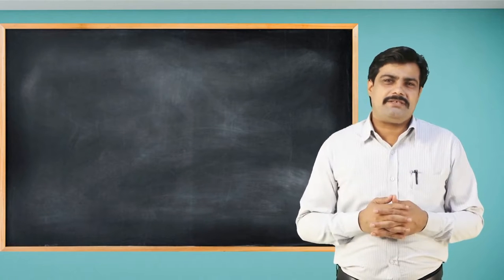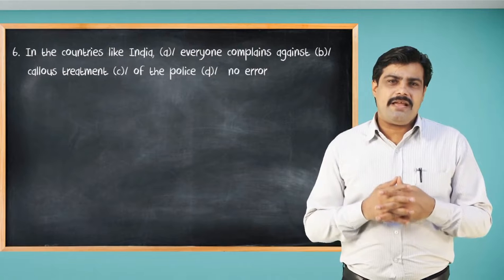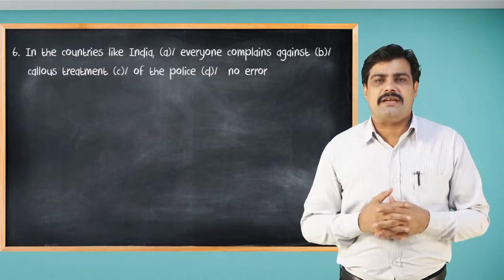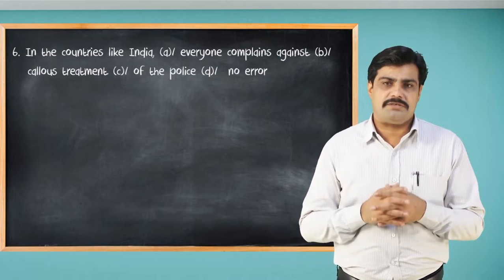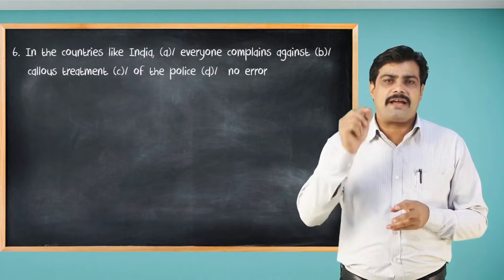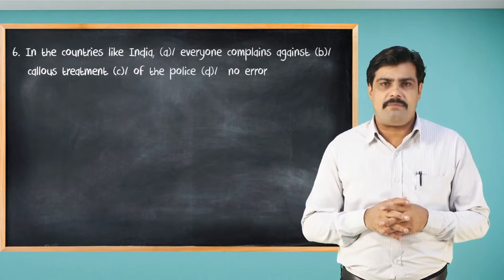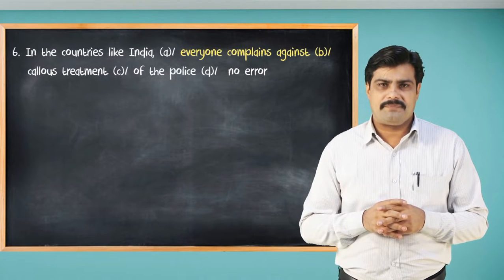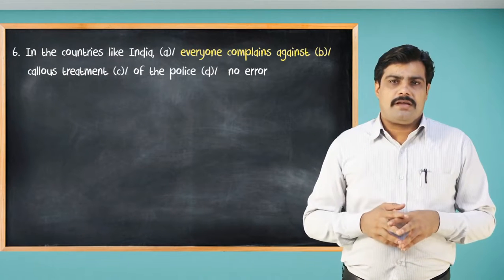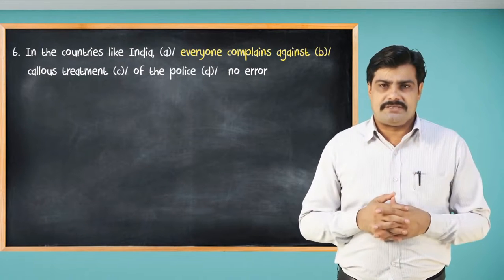Now let's take another sentence. In the countries like India, everyone complains against callous treatment of the police. Now in the sentence, the use of the preposition "against" is erroneous in part B. Because "complains of" is the correct usage.